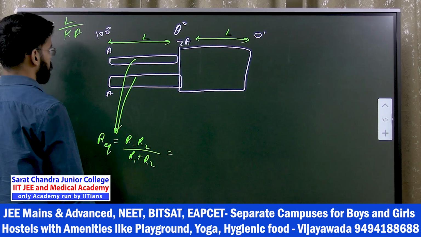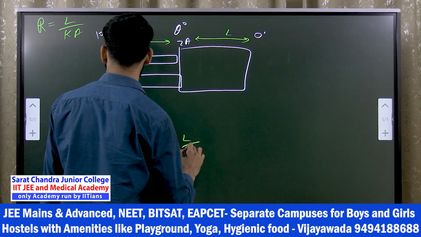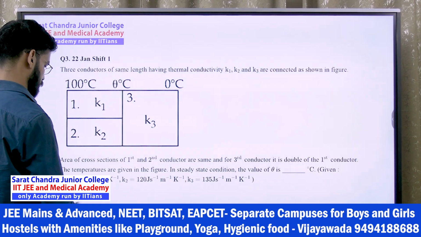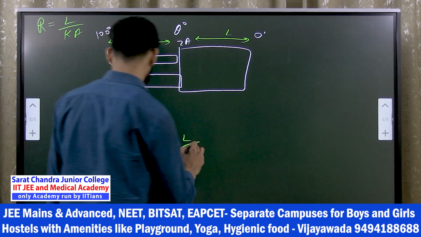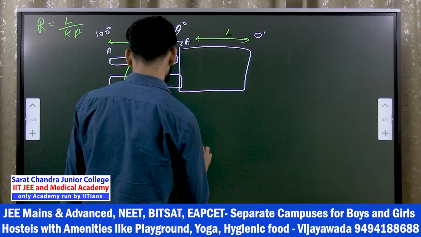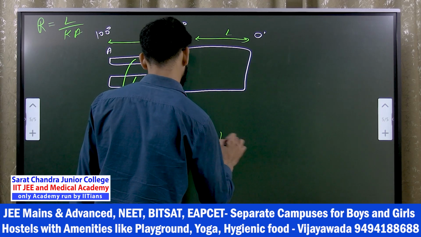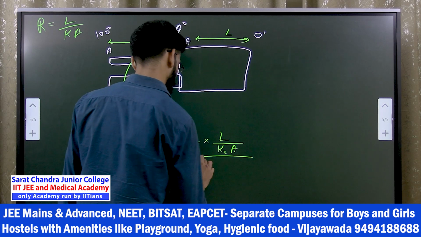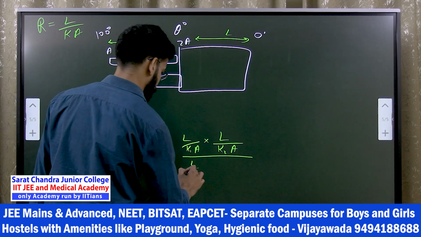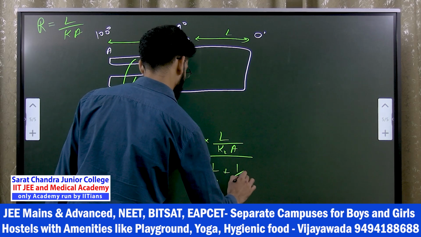So what can I say? L by K, R1 R2. So this is basically L by KA. K is K1 and K2, and K1 K2 values we will put later on, not now. So basically K1 into area A, multiplied by L by K2 into A, divided by... L and A will come common, and you will have 1 by K1 plus 1 by K2.